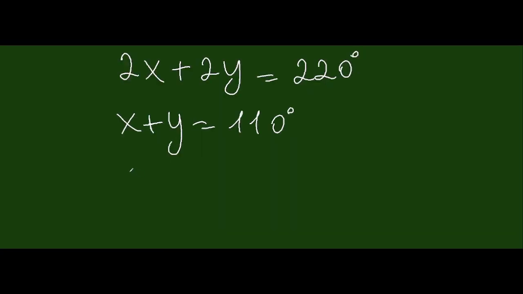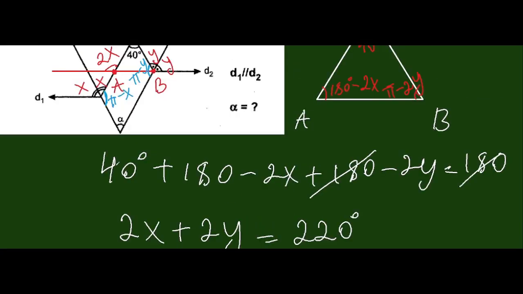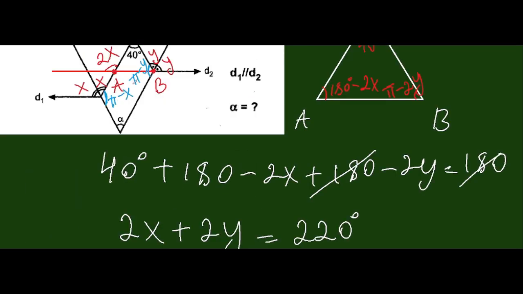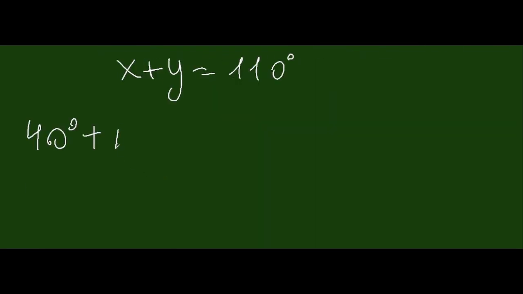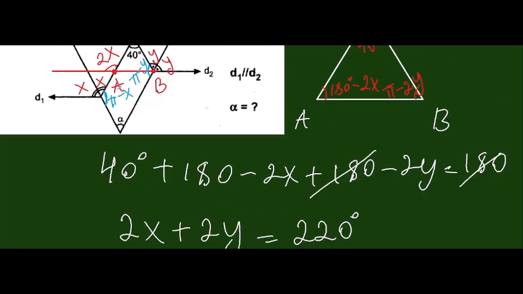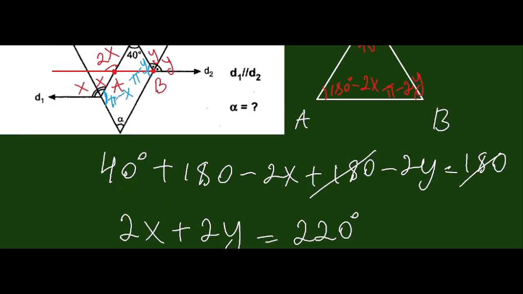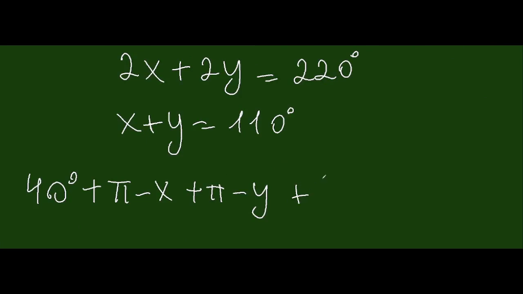It will be 360 degrees. So 40 here, 40 plus pi minus x, here pi minus y, here pi plus pi minus y, and here alpha that we have to find out.